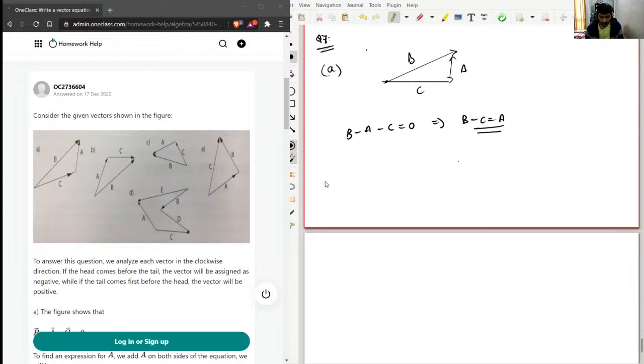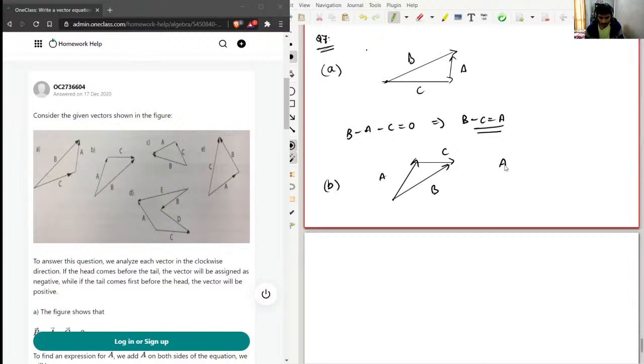Now we'll go for the second figure. It is like this. And then a vector in this direction and a vector joining both of them, and this will be A, this will be C, and this will be B. Again we'll go clockwise, so I'll just start from here.